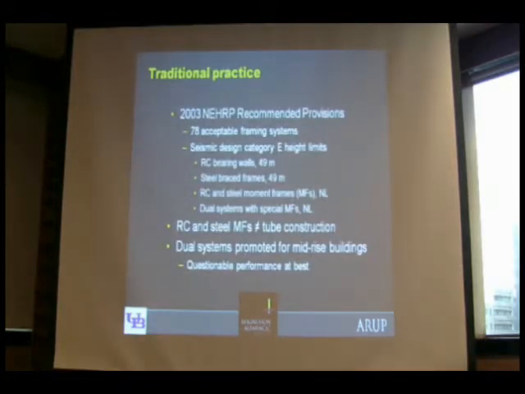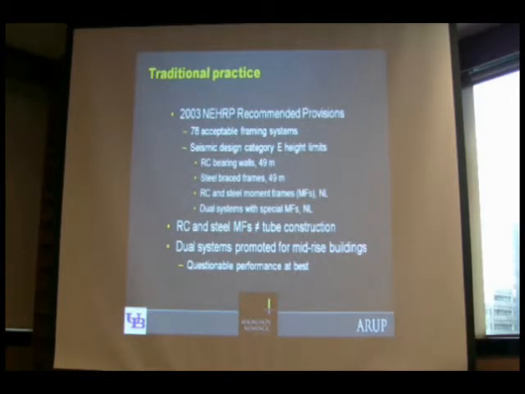Now, the latest version of, quote, traditional practice in the United States is the 2003 CTBUH Recommended Provisions, and you can download this from a FEMA website in the United States. There are, at this point in time, 78 acceptable seismic framing systems.